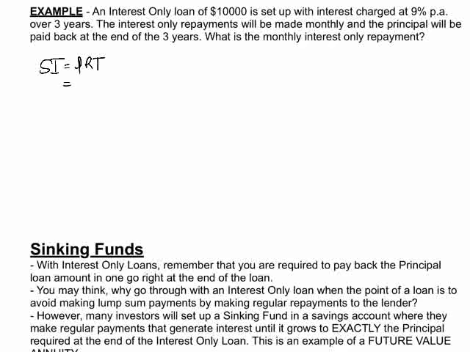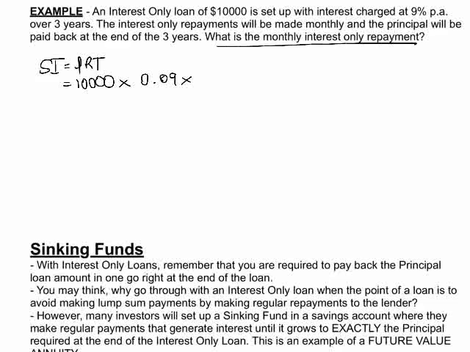P was the principal, $10,000, times the rate as a decimal, so 9%, 0.09, times the time in years. If you wanted a shortcut here, it's asking for the monthly interest-only repayment.